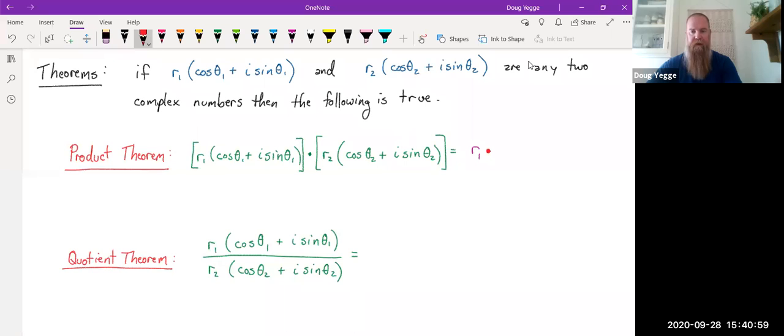So we multiply together the radii. And now what's left is cosine of the sum of theta 1 plus theta 2. And the same for sine. So we simply multiply the radii and add together the angles.